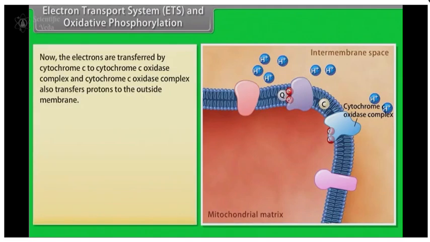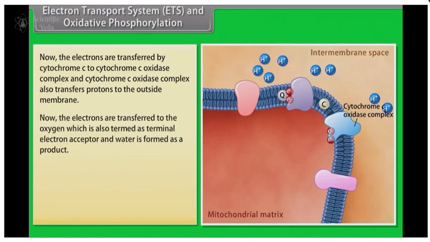Now the electrons are transferred by cytochrome C to the cytochrome C oxidase complex, and the cytochrome C oxidase complex also transfers protons to the outside of the membrane. Now the electrons are transferred to oxygen, which is also termed the terminal electron acceptor, and water is formed as a product.